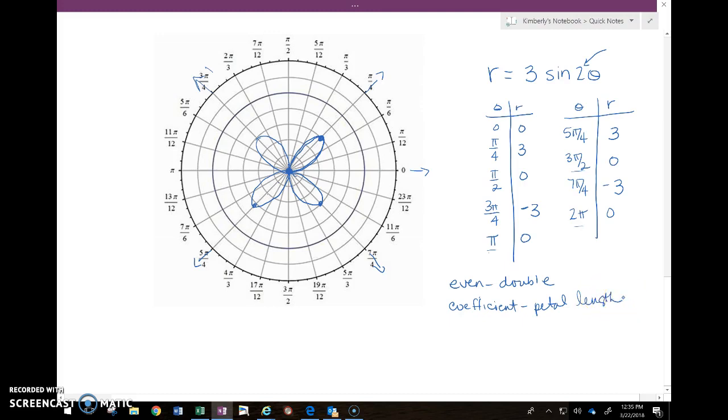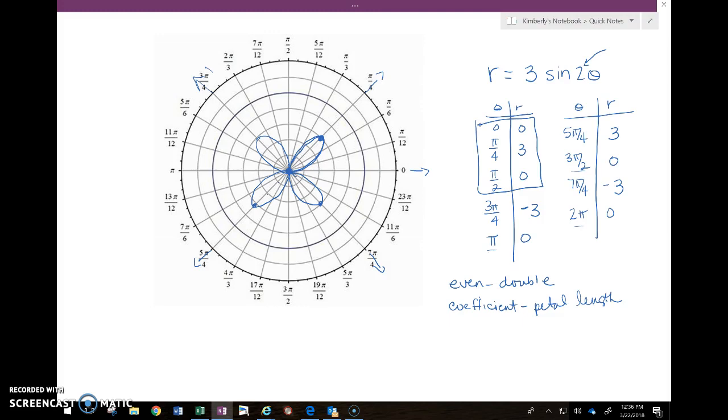What's going to happen here, again, when we're talking about petal length or area under the petal, which is what we're going to deal with next week, you really only need one petal. If we wanted the whole thing, they're all the same length, you can multiply it by 4.